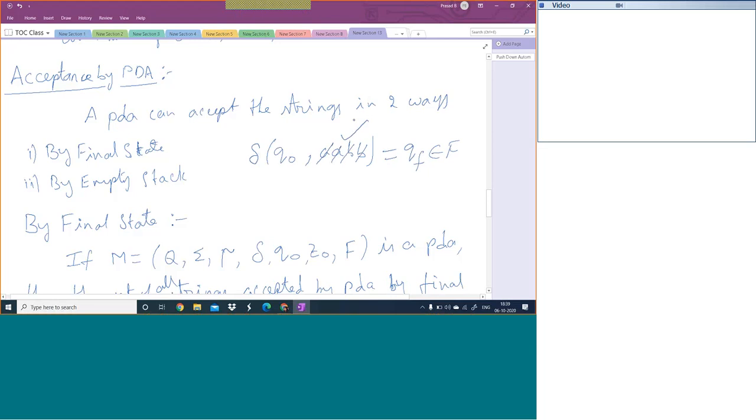So three conditions: it has to start from the initial state, the string must be scanned completely, and it has to stop in a final state. The same way, here the PDA can accept strings in two ways: one is by final state and the other is by empty stack. We will see these one by one.